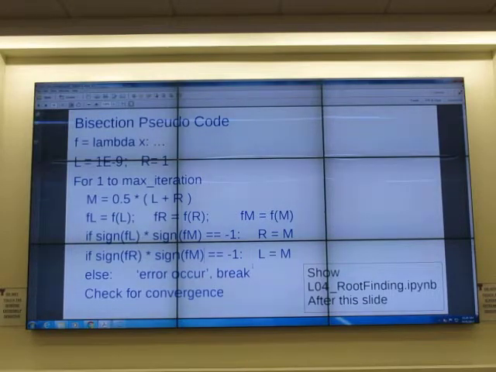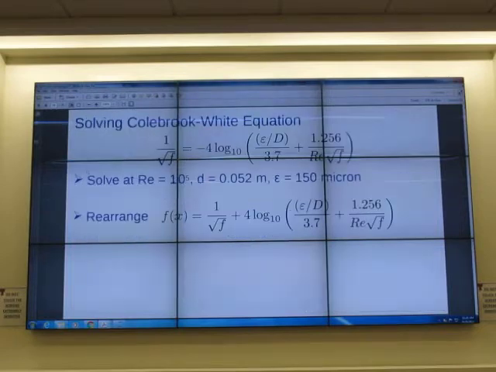Why did we define the left boundary as 1e-9 rather than just defining it as 0? What's the point of that? L can be a very low number, for example minus 10,000. But this time we define L very close to 0, but not negative or 0, because when you put in your friction factor function, you don't want to have a negative in the square root.